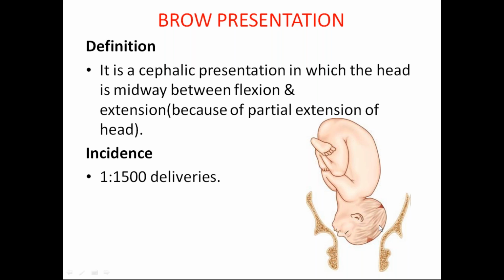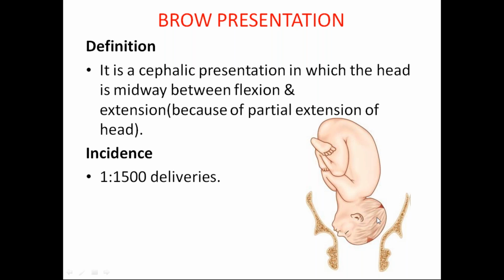Again, I have already told you it is an unstable presentation. Usually it either completely extends or completely flexes. So this baby won't remain like this. Once the uterus starts acting, uterine action can do wonders, and nothing in nature can mimic uterine action. Even if you use oxytocin or prostaglandins, nothing can mimic a normal spontaneous uterine action.